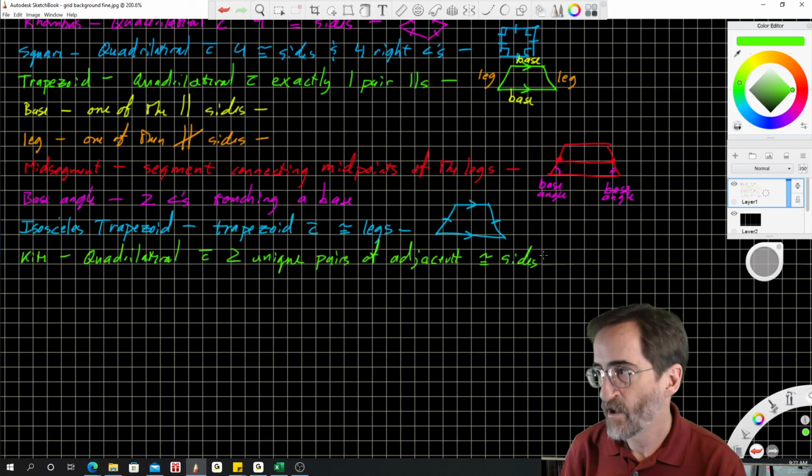That means the sides that are congruent are adjacent. They're together. And they're unique in that they're not the same as each other. So the top two are different from the bottom two, the way I've drawn it. Okay? So two unique pairs of adjacent congruent sides.